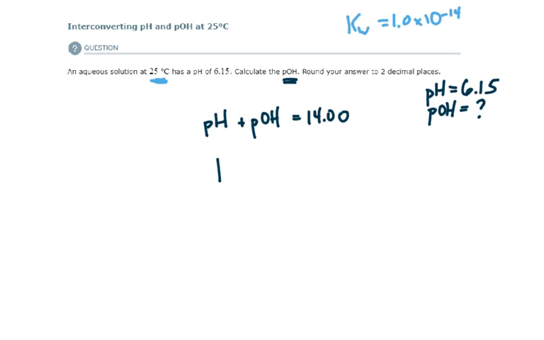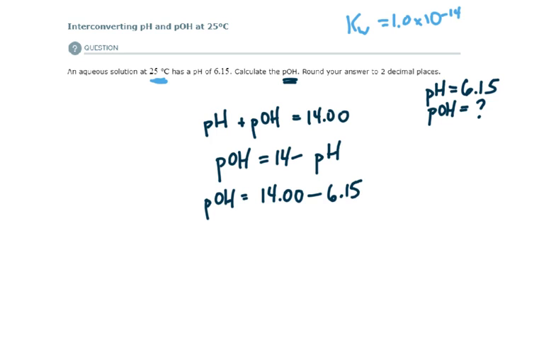So to find the pOH, I just rearrange this equation. pOH is equal to 14 minus the pH. So the pOH is equal to 14 minus 6.15, which gives me a pOH of 7.85. Is this two significant digits? Yes, because I have two decimal places, and this is my answer.